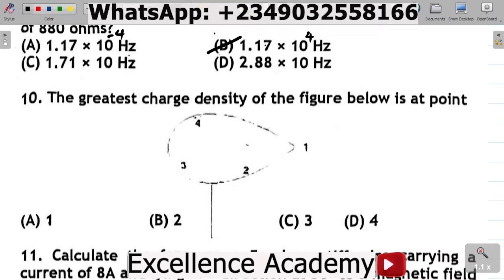The part that is most pointed usually has the greatest charge density. And by greatest charge density, we mean the most charge concentration. So charges would be much more concentrated at the part that has a sharp end, which is point 0.1. So the answer here is option A.